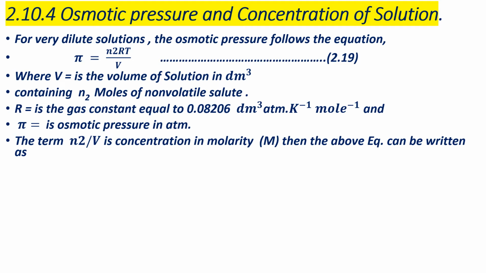2.10.4 Osmotic pressure and concentration of solution. For very dilute solutions, the osmotic pressure follows the equation pi is equal to N2 RT upon V, where V is the volume of solution in dm cube containing N2 moles of non-volatile solute, and R is the gas constant equal to 0.08206 dm cube atm K inverse mol inverse, and pi is the osmotic pressure in atmosphere.